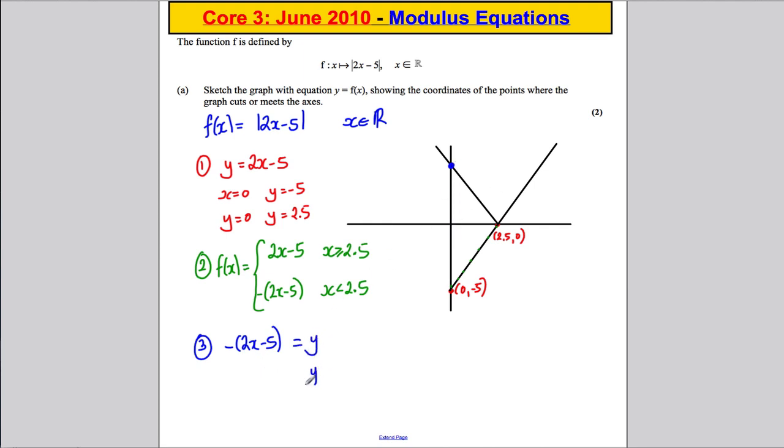So therefore y would be equal to 5. So this point here would be 0, 5. And obviously it's 0, 5 because it's a reflection of this point here. Now it's important when you draw it, you draw maybe this section with a dotted line, because that should not be included in your graph. This point here was working, so that might be an initial stage of drawing, but that is what the final graph looks like.